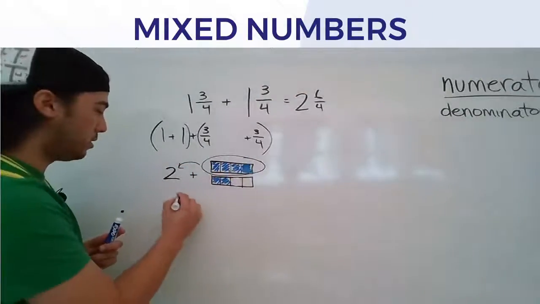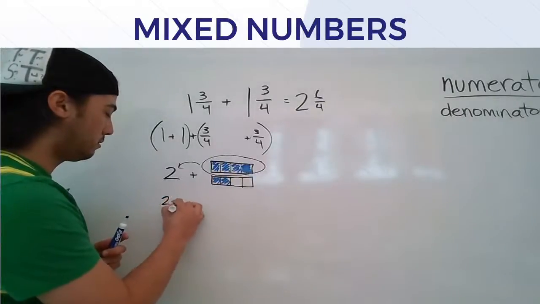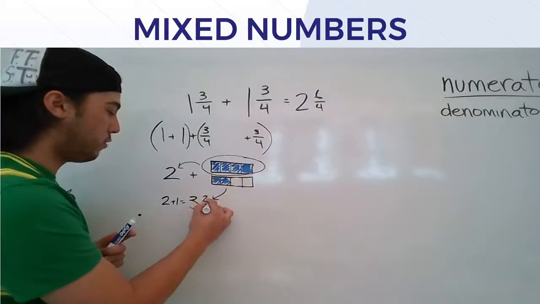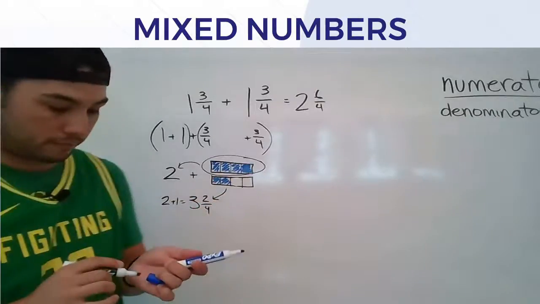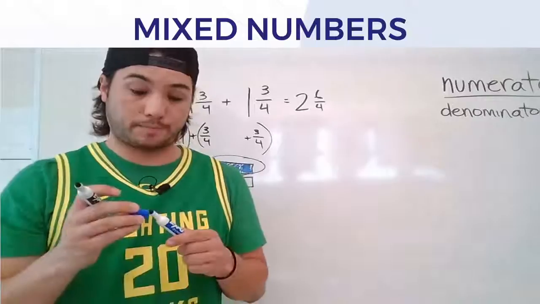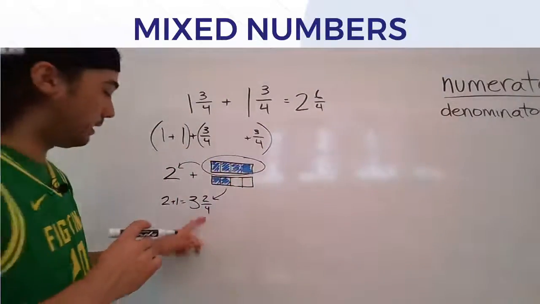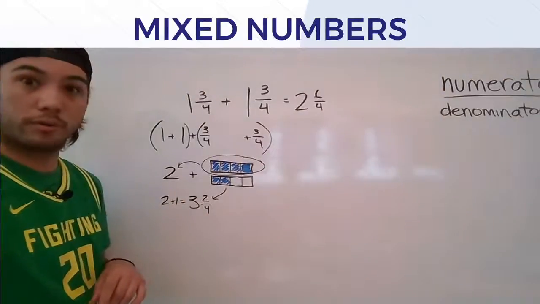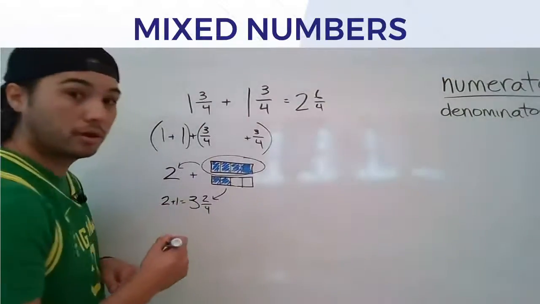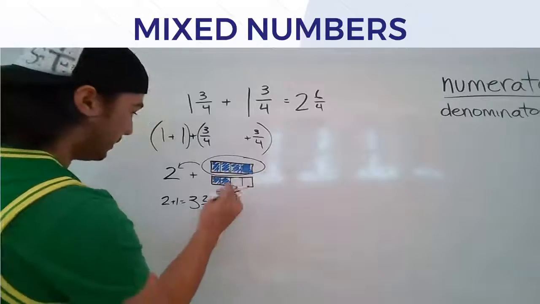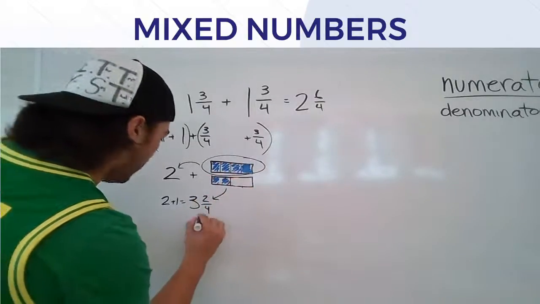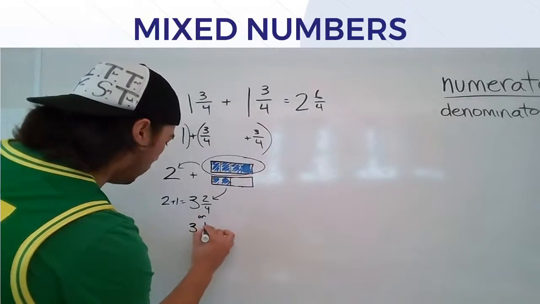So 2 plus 1 equals 3. And then we have 2/4 left, or for you smart cookies that can simplify this fraction, because 2 and 4 both go into 2, so we can divide by 2 halves. All right, this is the same as 3 1/2.